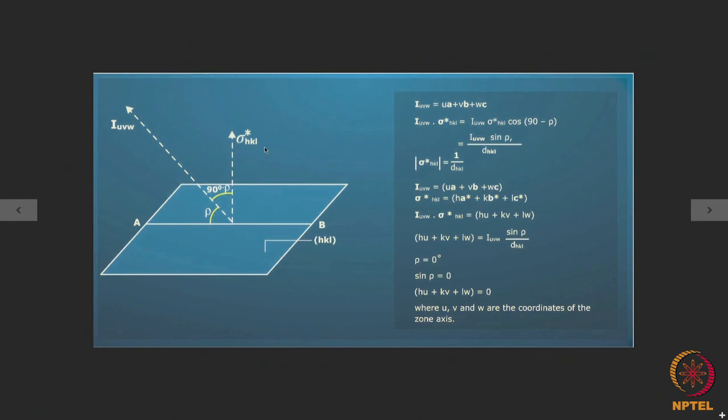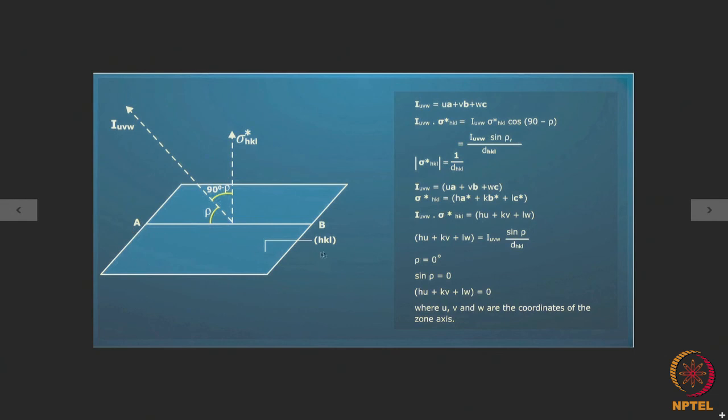This is very clear because we have already seen that if we have an HKL plane in the real lattice, then the vector sigma star HKL in the reciprocal lattice is going to be perpendicular to this plane. Let us inscribe a line called I UVW. So, this point is the UVW point. So, this vector I UVW connects this point, the origin, to the point UVW in the real lattice.